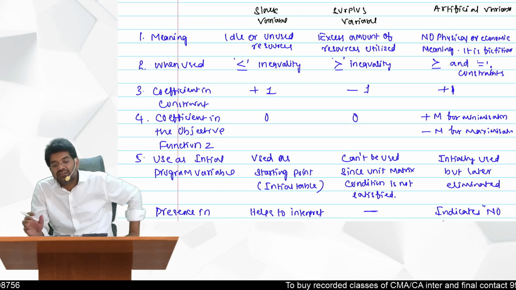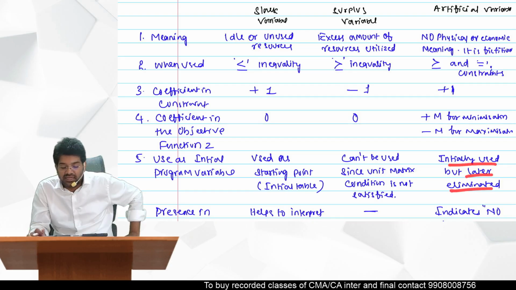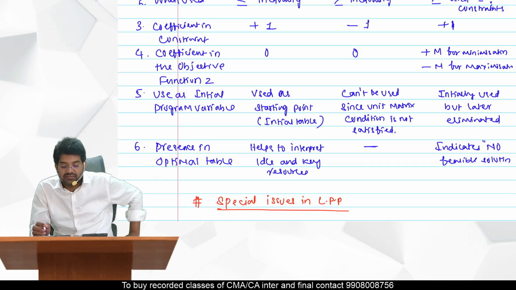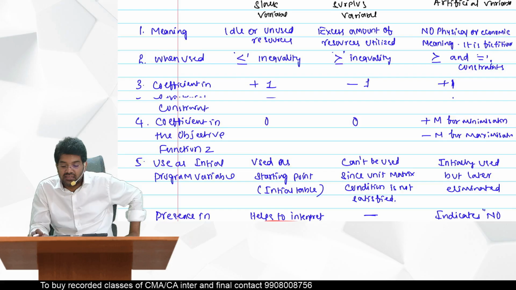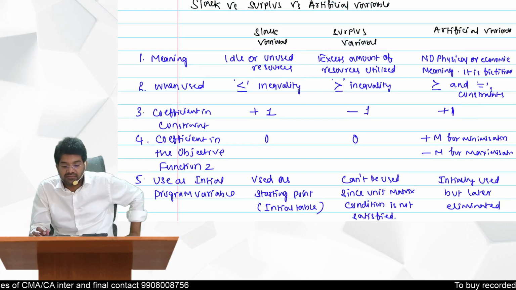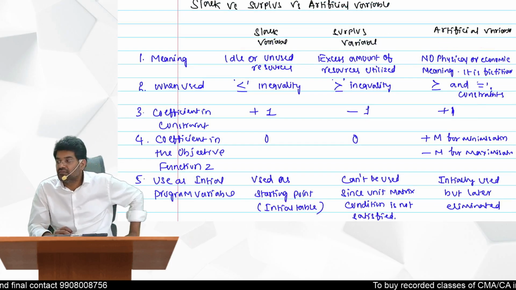Artificial variables we do take; they are initially used but later eliminated. Their presence in the optimal table helps to interpret idle and key resources, and an artificial variable in your optimal solution indicates no feasible solution. So these are your slack variable, surplus variable and artificial variables.